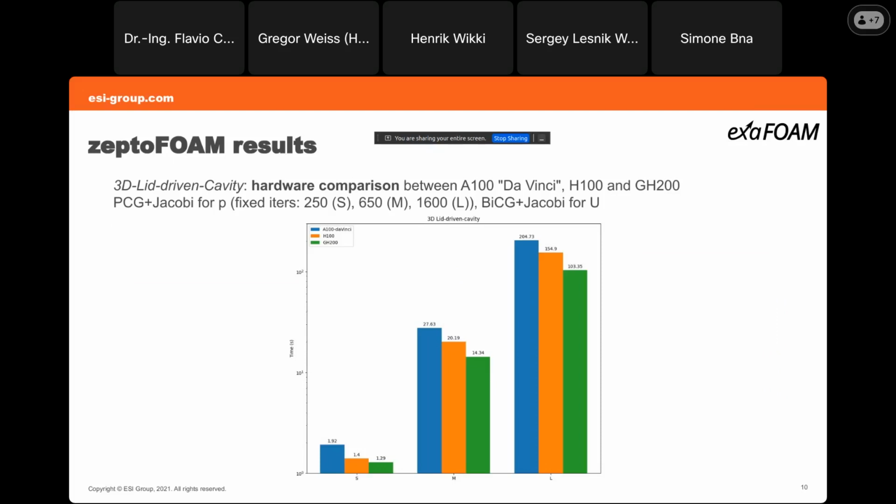And you see that there is a sort of 2 times speed up between Ampere and Grace Hopper. So if one has one GPU node with 4 Grace Hopper with respect to 32 cores of Ice Lake using the same solver, we can say that the speed up is 26 multiplied by 2, so more than 50 times.